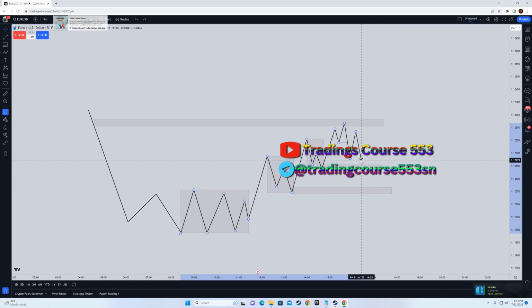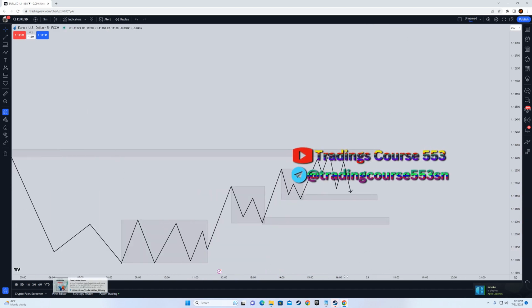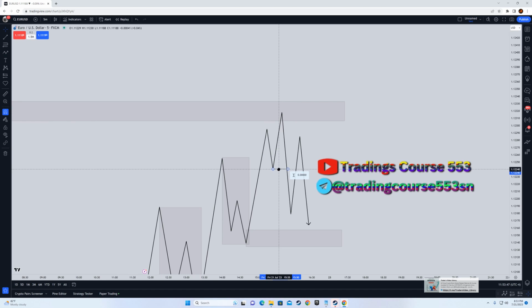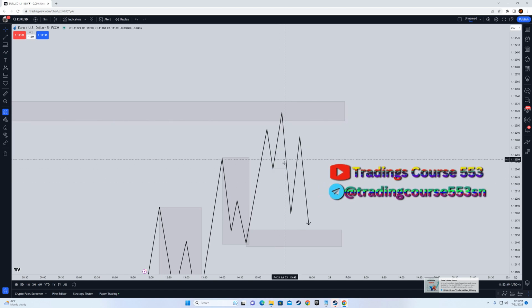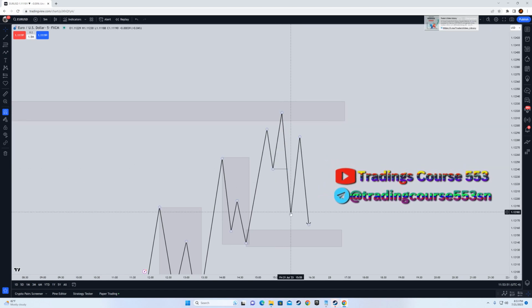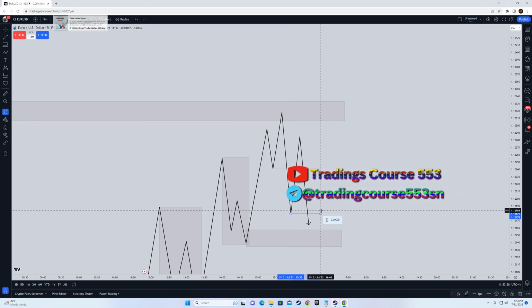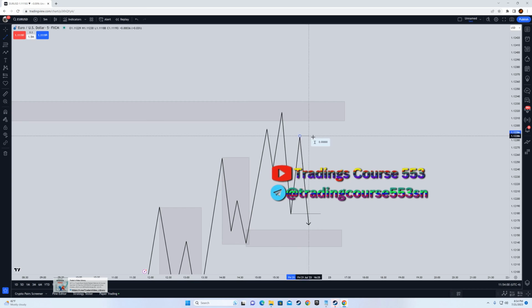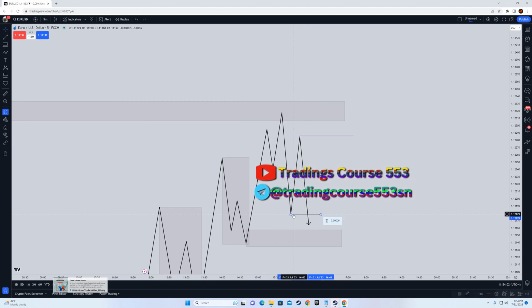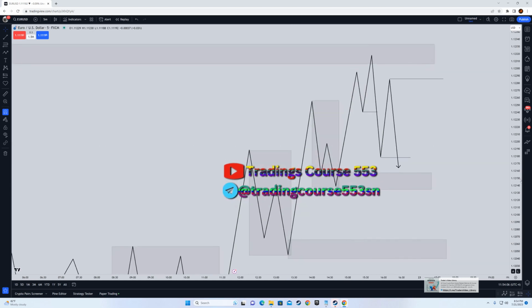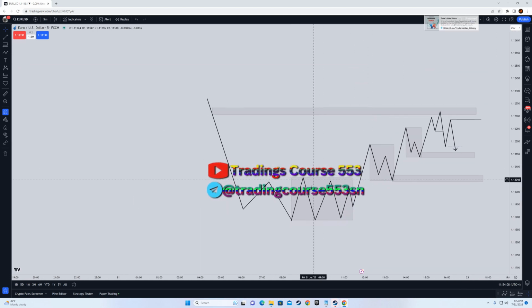Okay, so let me zoom in a bit. Once you get the market structure shift on the 1 hour time frame, what you can do to increase your probabilities is, inside this range here, from this low to this high, you look for another market maker sell model.